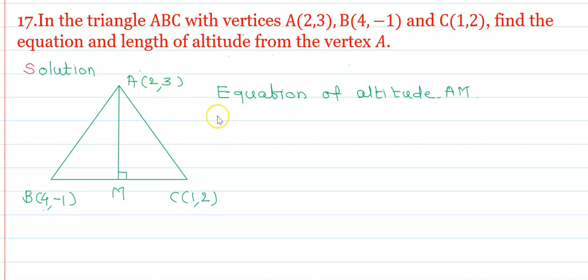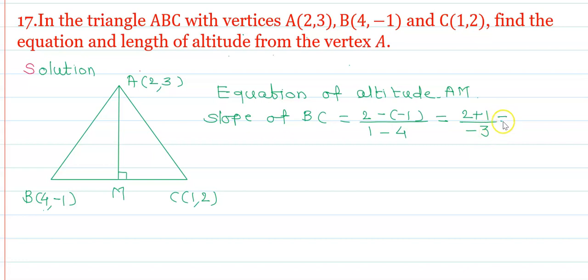Now the slope of BC is the difference of y coordinates, 2 minus (-1), upon the difference of x coordinates, 1 minus 4, that is 2 plus 1, which is 3, upon minus 3, and that equals minus 1.